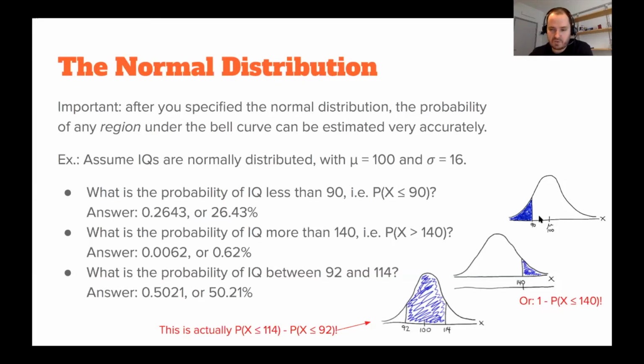So most people are within 16 or 32, let's say. 95% of the people in the world are between 68 and 132, right? And then, of course, there are the outliers, people who have an IQ less than 68 or more than 132. That can happen. It's not impossible, but it's very unlikely.